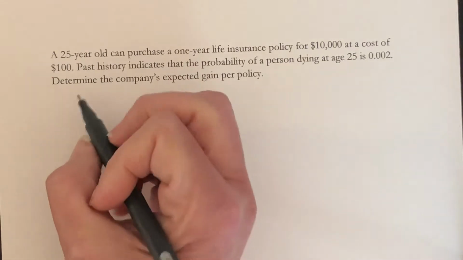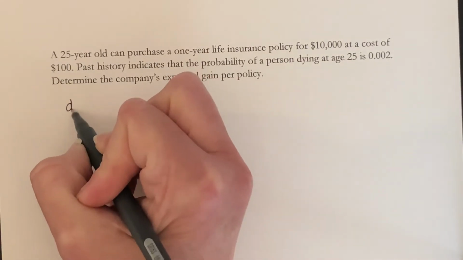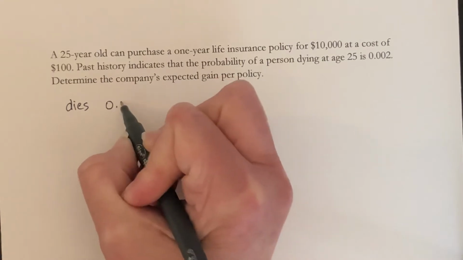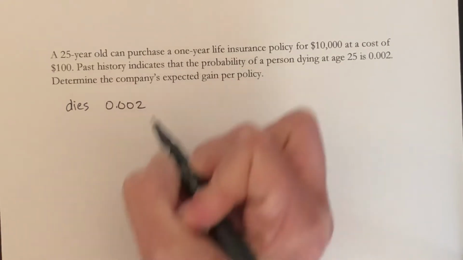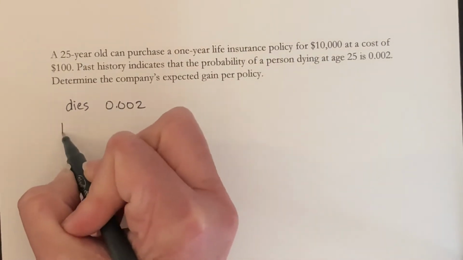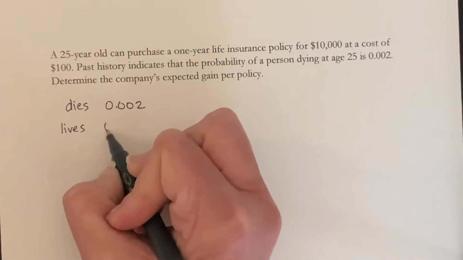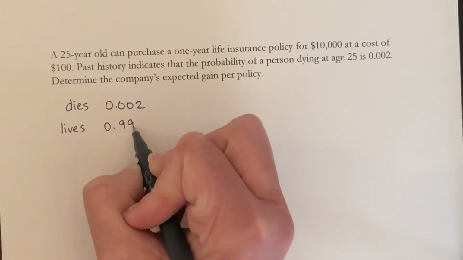Okay, so if the person dies, that probability is 0.002. So the probability that that person lives would be 1 minus this, which would be 0.998.